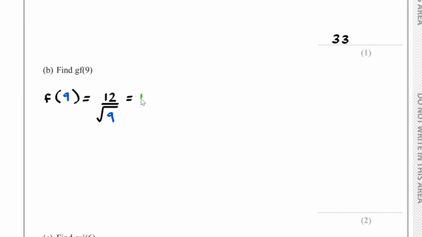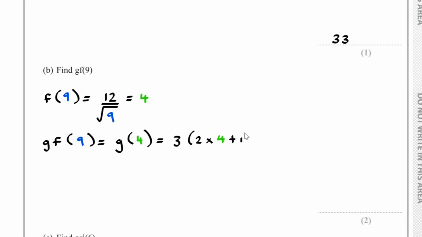So f of 9 is equal to 4, and therefore g of f of 9 is equal to g of 4. So we have 3 multiplied by 2 times 4 plus 1, which is 27.